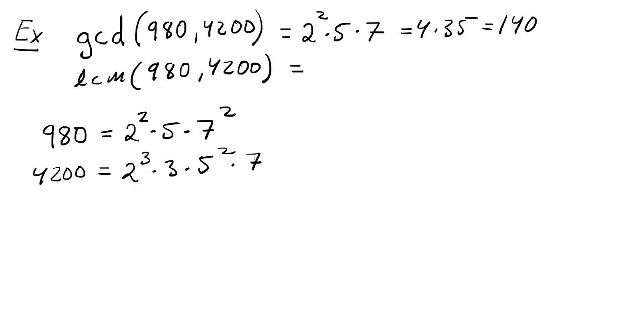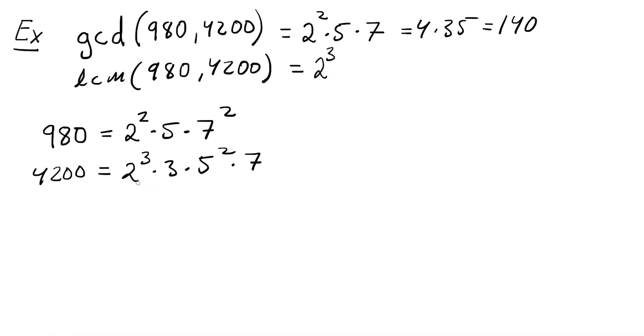And then, what about the least common multiple? There are infinitely many common multiples. What is the least one? Then we want to find a number that contains both of these prime factorizations, that is, has both numbers as a factor. Then we should have all the prime numbers belonging to them.